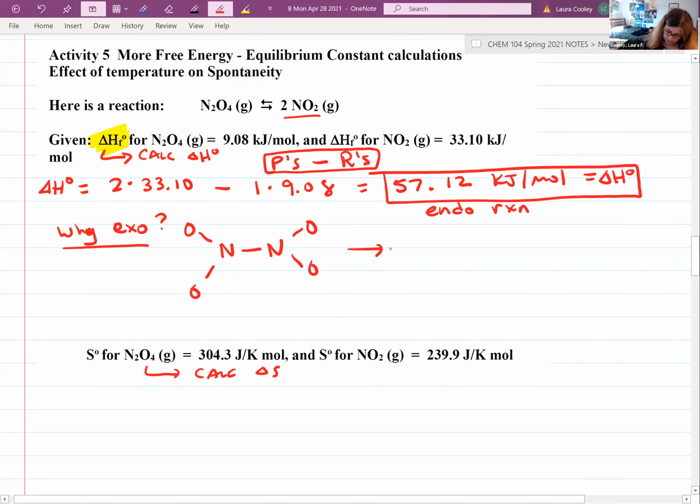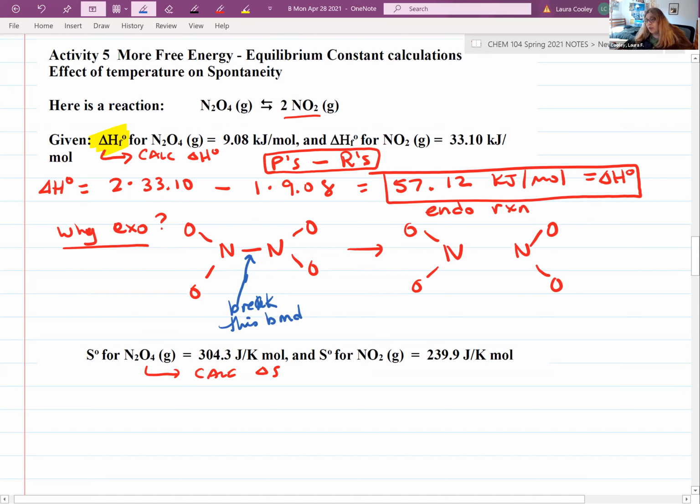So that's what you start with, and you end up with 2 NO2s. And I draw it like this because that emphasizes the fact that you have broken this bond. And that's about all that you do in this reaction.